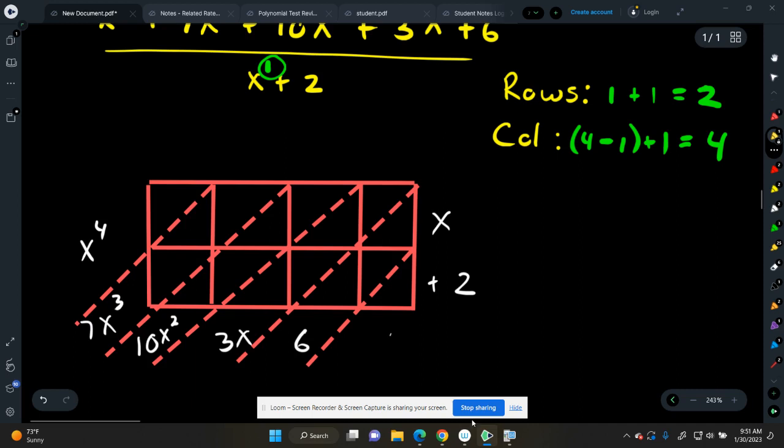Okay, we do our corners. So we're going to put our 6 right here, and we'll put our x to the fourth over here. Do the corners first. Okay, Ava, what goes at the top of this column?